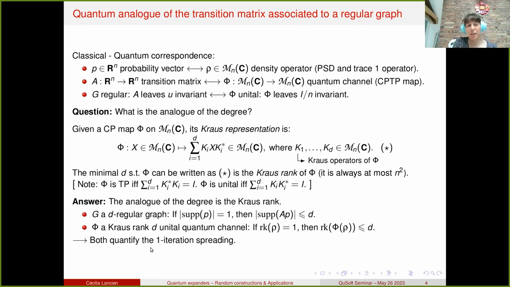So what I mean by this is that if you have a D regular graph, and imagine you start from a probability distribution which is supported on just one vertex, so it's a Dirac mass on one of your vertices.